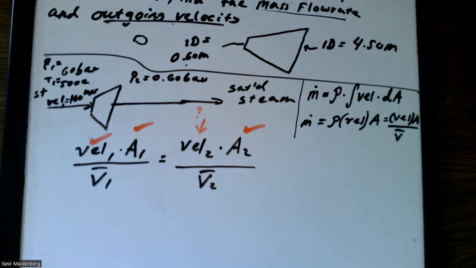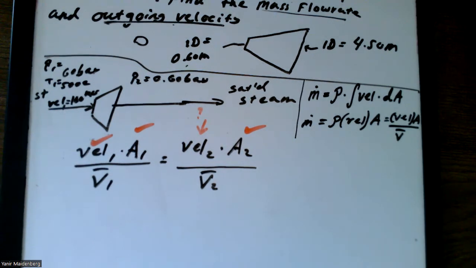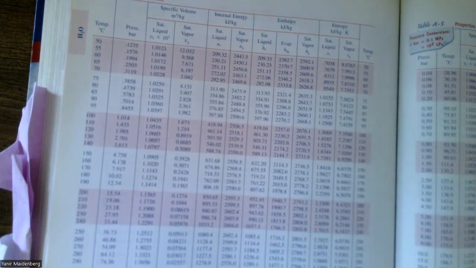So what we will do is go to the back of the book to the steam tables, and we don't know if this is saturated or not. So we will first look at the saturated steam table, and we know that it's at 500 degrees Celsius and 60 bars.